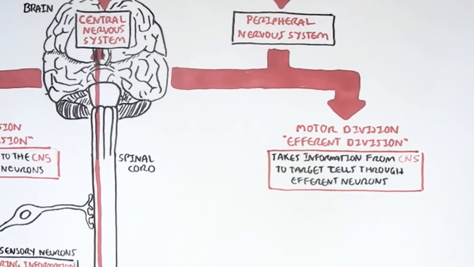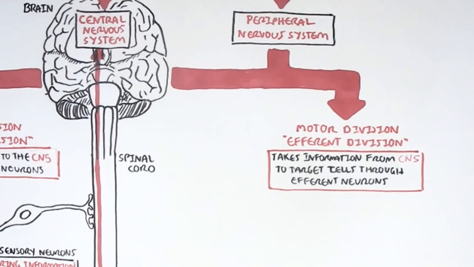The signals being sent from the central nervous system to the target cell can be voluntary, meaning that it is consciously controlled, or it can be involuntary, which means that it is without our control. An example of an involuntary response is our heart, because we have no control over our heartbeat. It always has to beat.